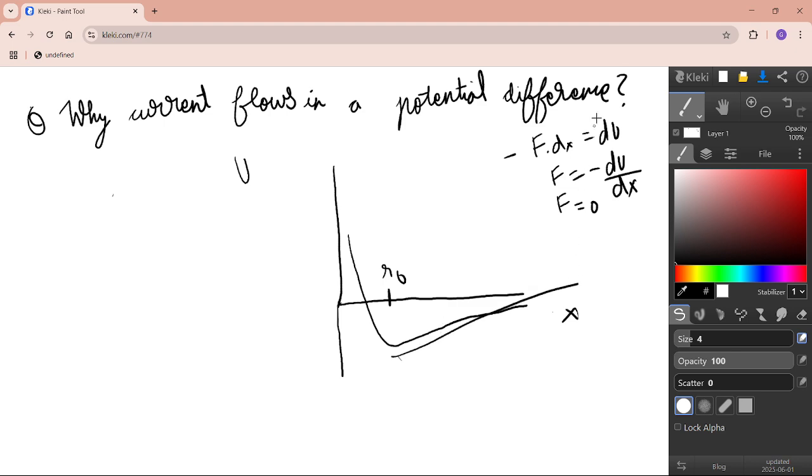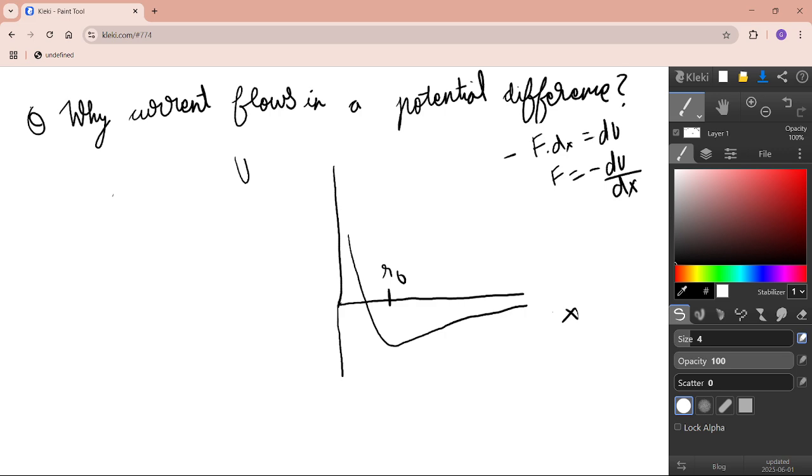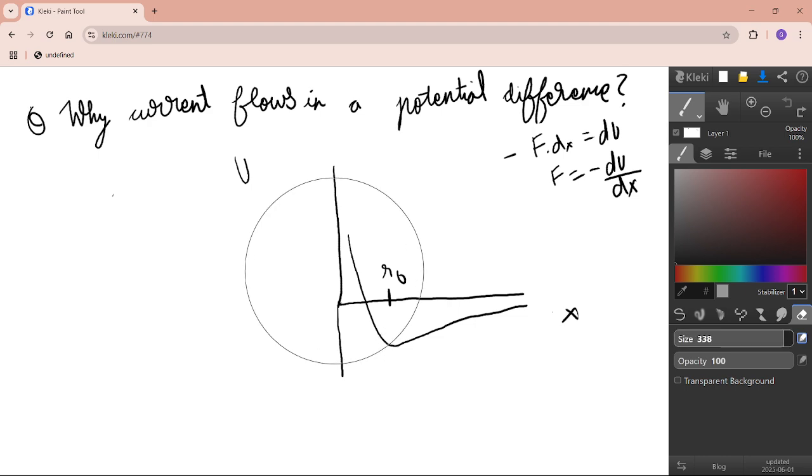While here you have a positive slope, positive and negative force means basically an attractive force. It depends on how you define the R vector, right? But anyways, let's not go too much into the technical details.